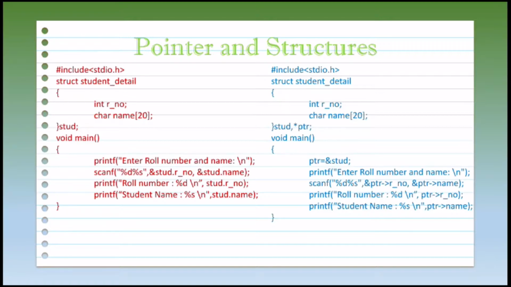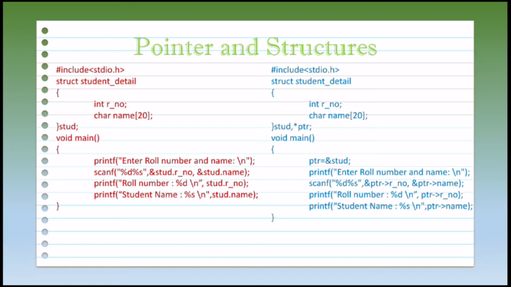Just in the first example we have declared only a structure variable, that is stud, whereas in the second example along with structure variable we have even declared a pointer variable, that is ptr. Next, in the normal structure variable we are directly trying to enter the values, that is roll number and student name, whereas by using pointer variable, first we are trying to save the address of stud into the ptr.